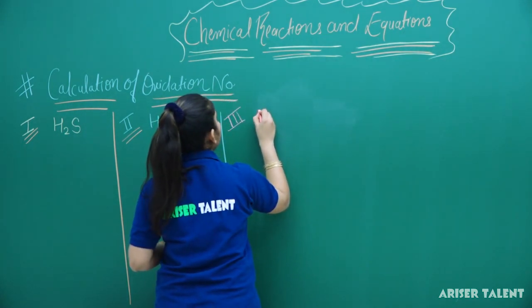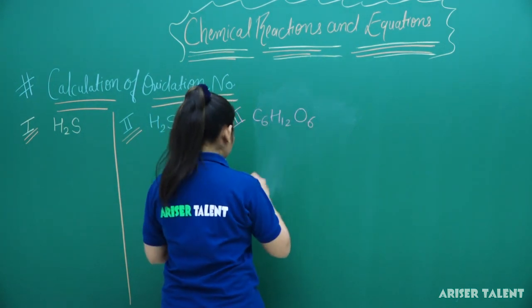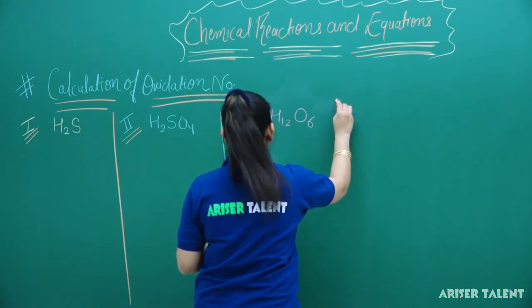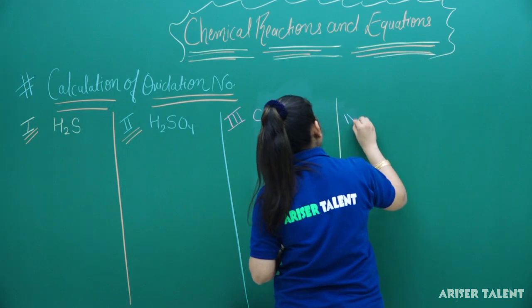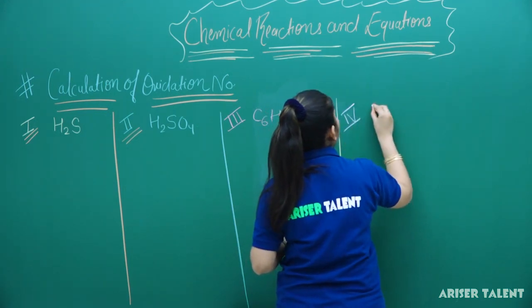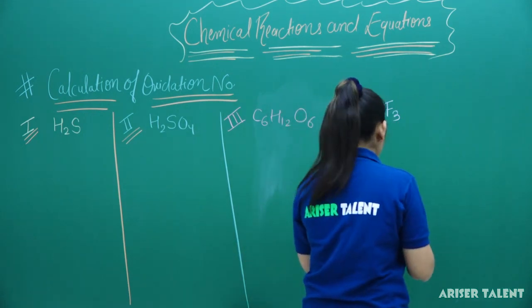Our third element will be C6H12O6. Then our fourth element, the fourth element I am considering here is BF3, that is barium fluoride.